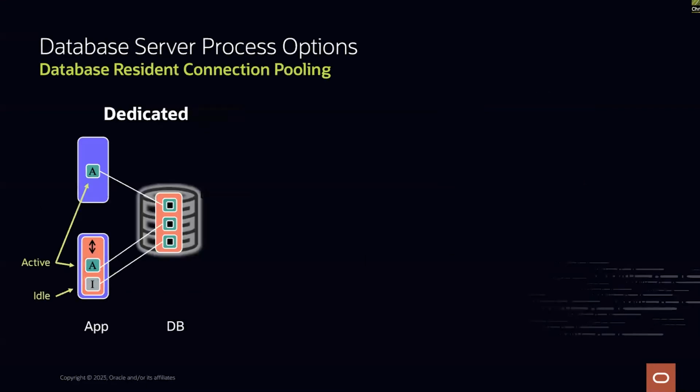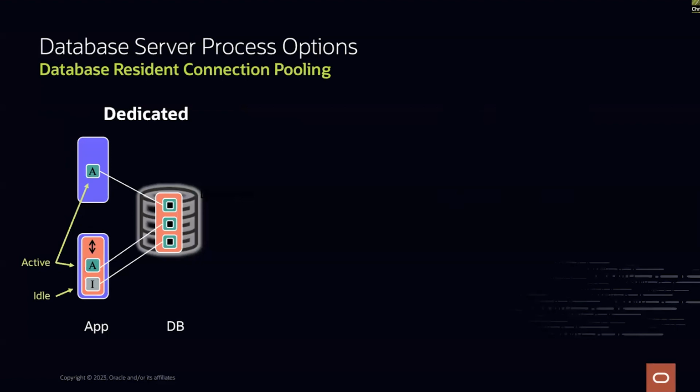Now, if you're using a client-side pool, you can also take advantage of what we call database resident connection pooling. I showed you the pooling in the app tier before, which would be that bottom left bit. We also have a pool of connections, the server processes, in the database tier itself. Sorry, actually this is dedicated, this is the current model of dedicated connections.